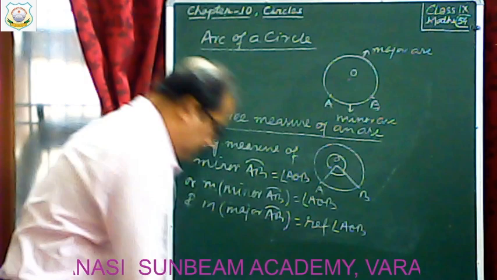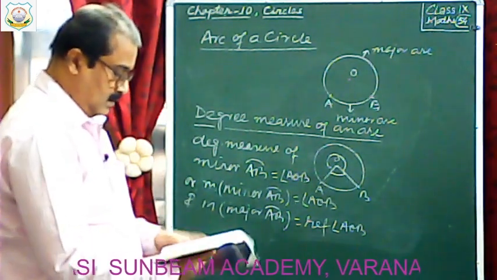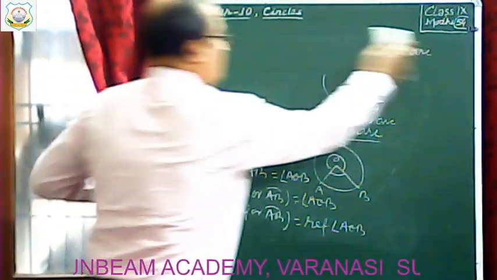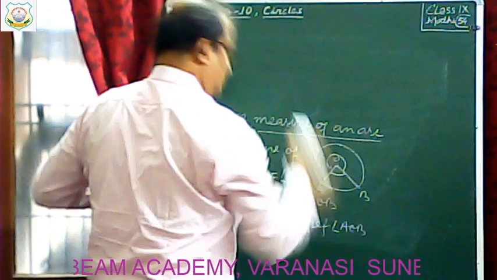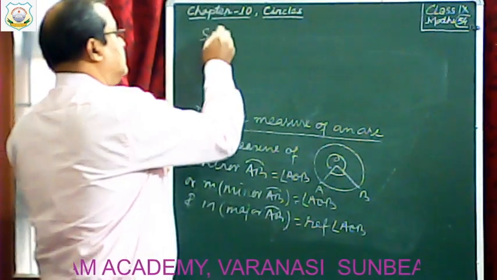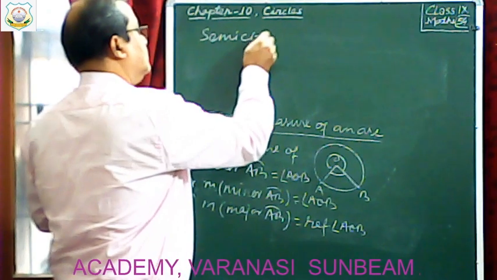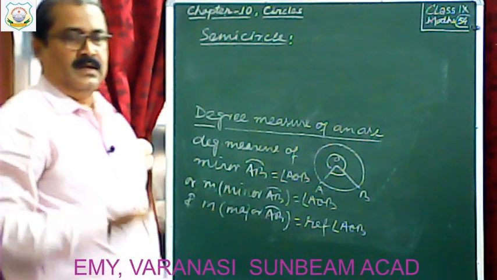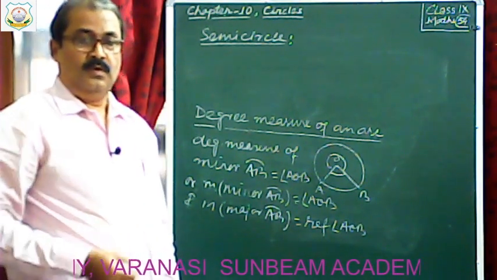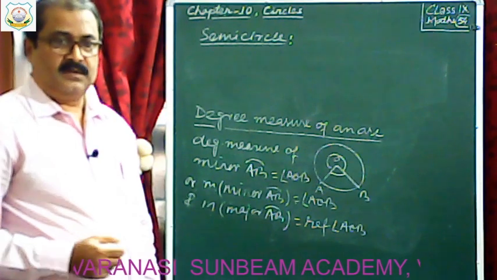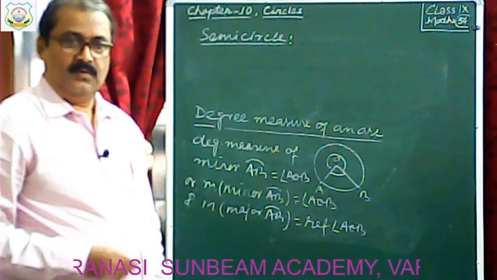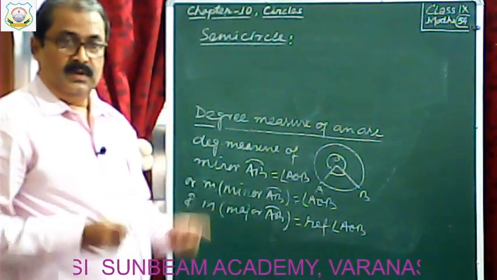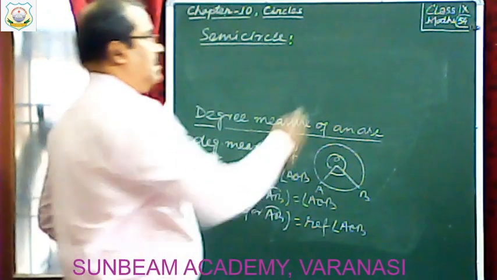Now come to the next: semicircle. A diameter divides a circle into two equal arcs known as semicircles.